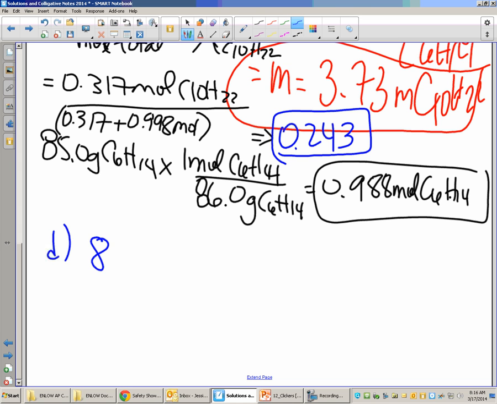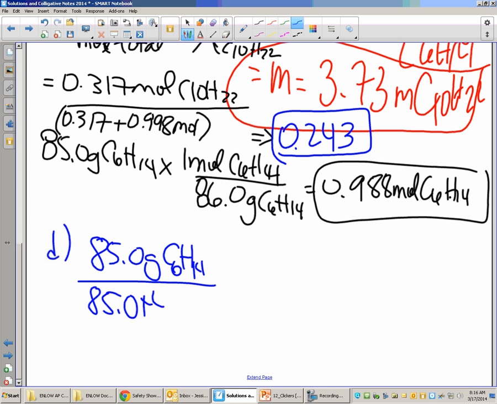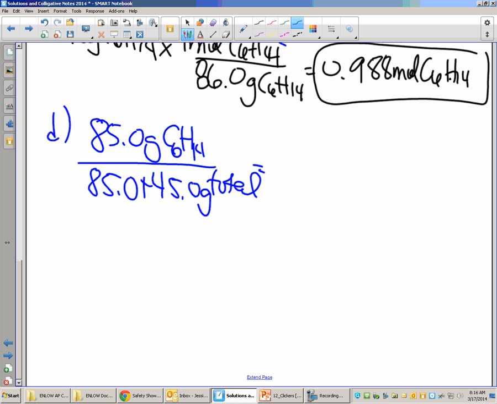Mass of hexane, which was 85, C6H14, over everything, so 85 plus 45. No timesing by 100, because we're not doing mass percent, we're doing mass fraction.